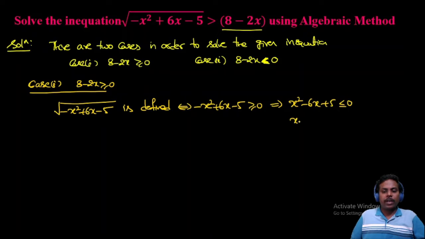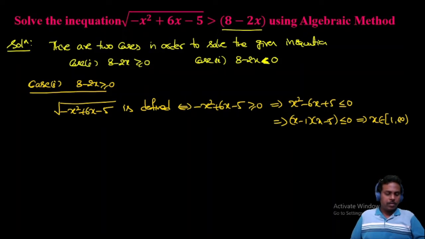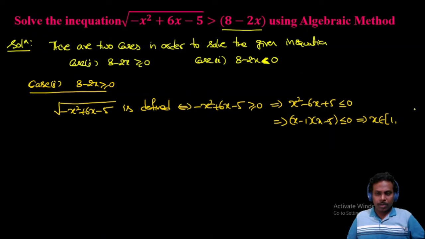This can be factorized as x minus 1 into x minus 5 less than or equal to 0, which implies x belongs to the closed interval 1 to 5.